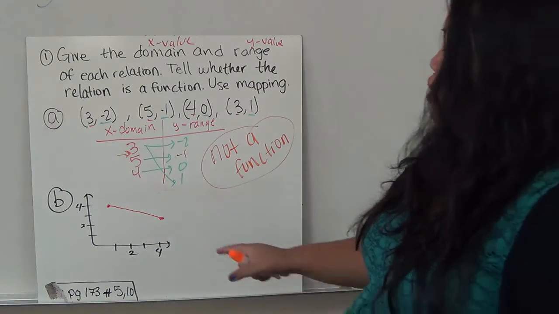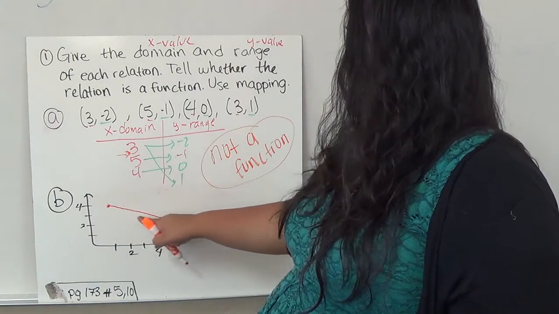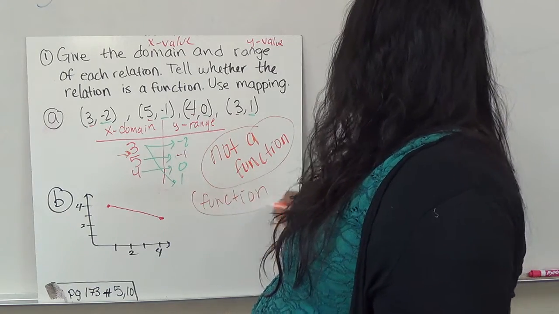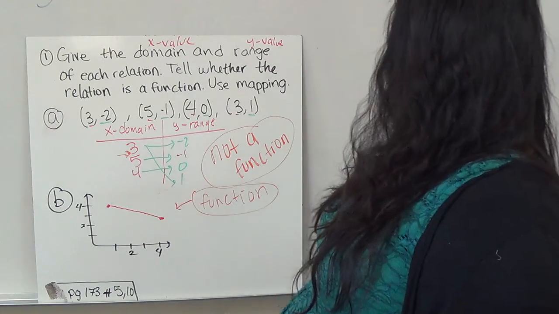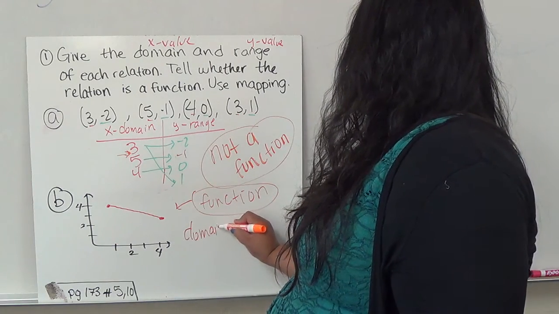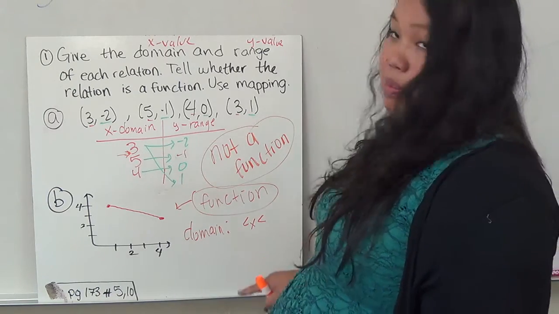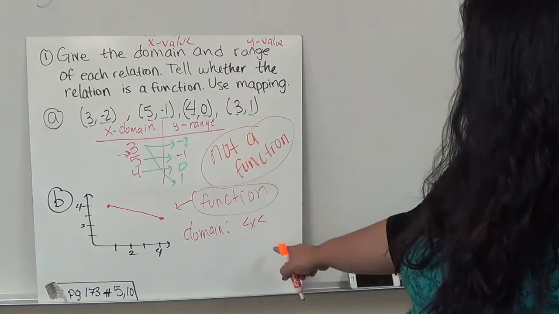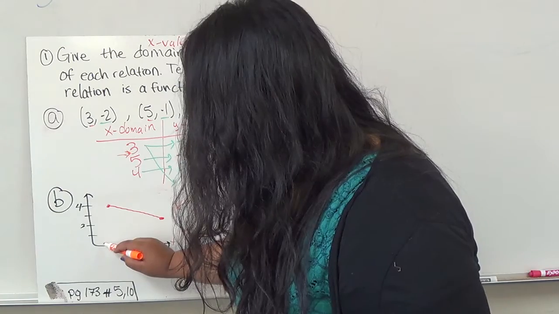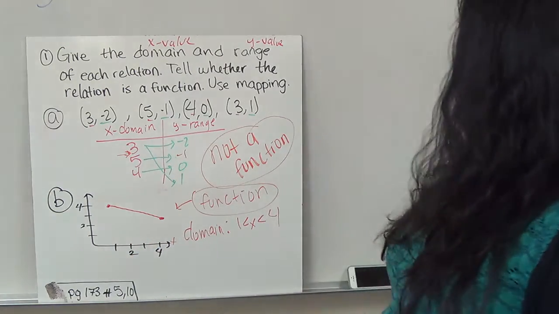So for this one, this is telling me that because it's continuous, this is in fact a function. But I still have to identify the domain and range. So the domain, which is x, is telling me, this is the sign for between, remember from the last section? So x, the domain, has to be between 1 and 4. Okay?